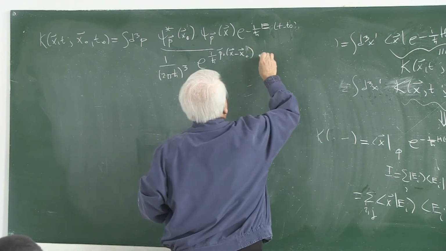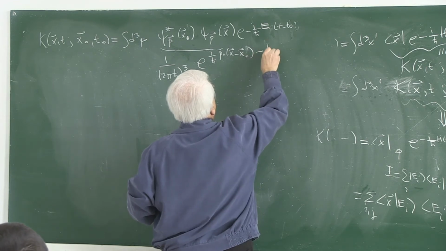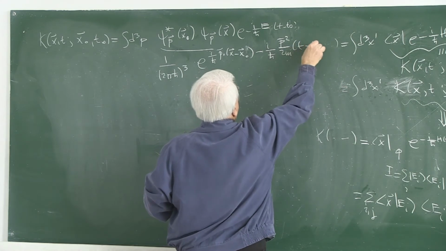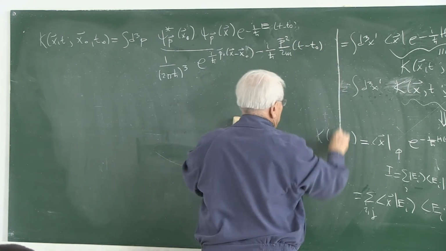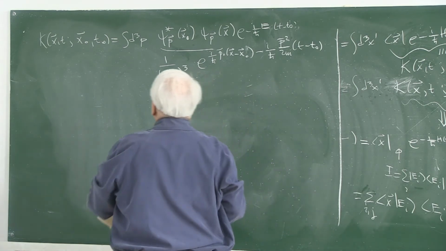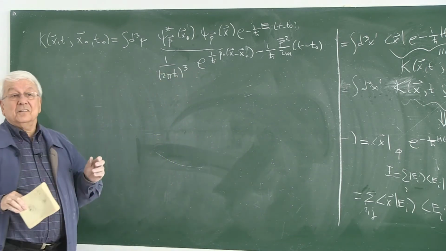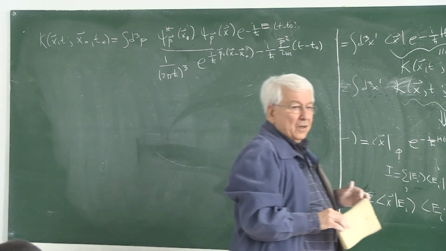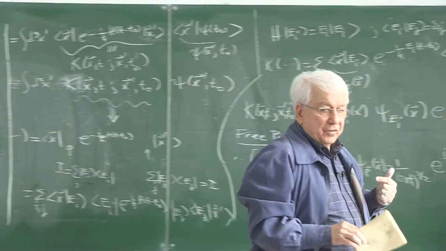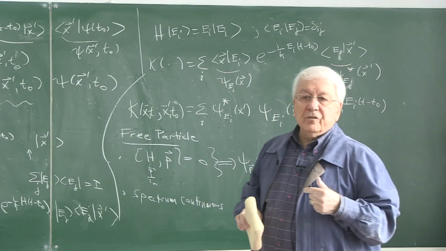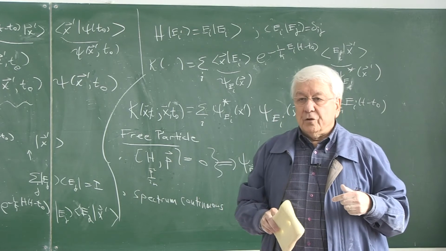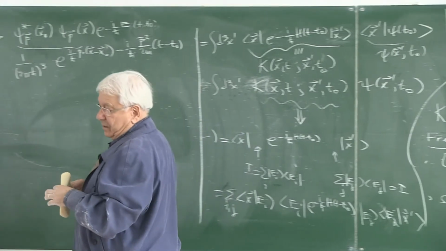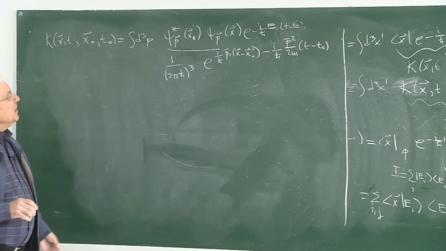This and plus or minus i over h bar p squared over 2m, t minus t0. Nice. Something which we can really finish and get a propagator expression. Eventually, this is going to be a good testing ground because we will try to reconstruct this using an honest to goodness formal version of Feynman's path integral. But this is really a nice thing which we can handle easily.